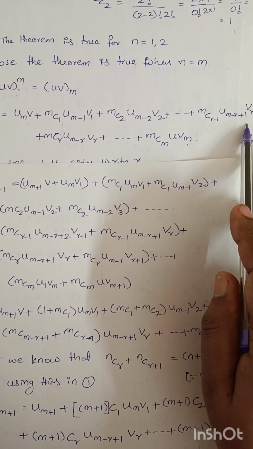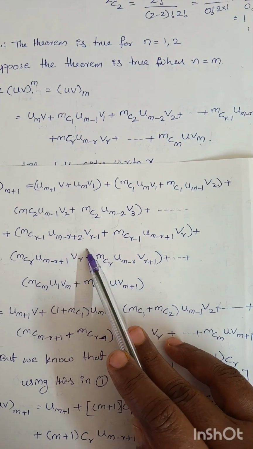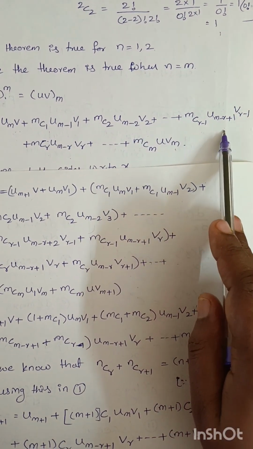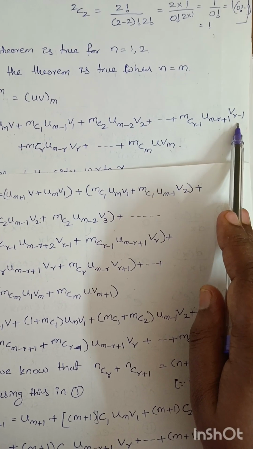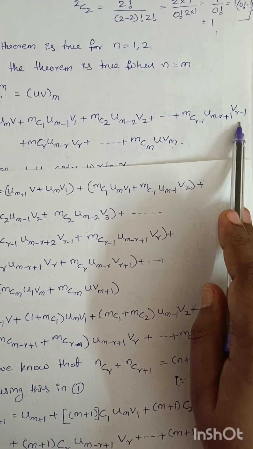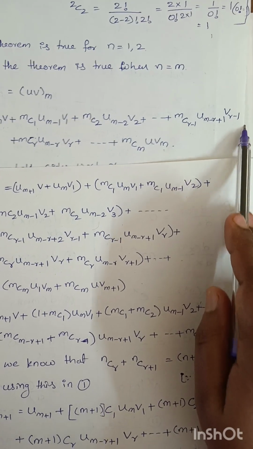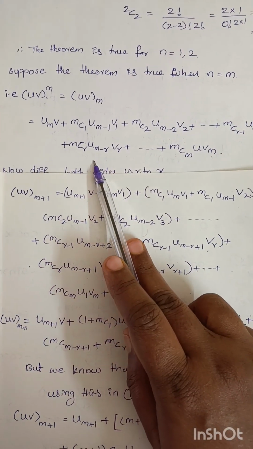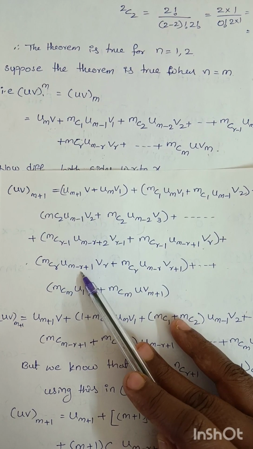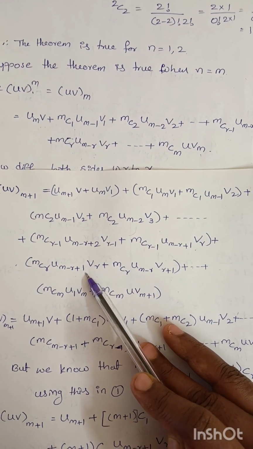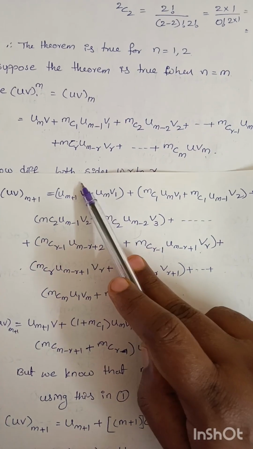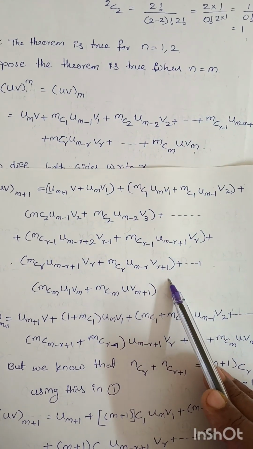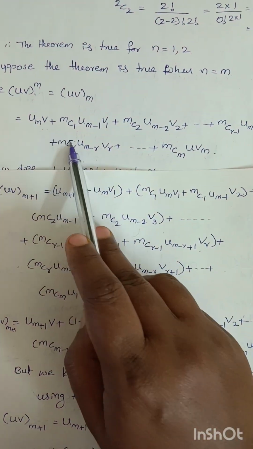And so on, plus mCr-1 as it is with um-r+1 differentiation um-r+2, vr-1 as it is, plus mCr-1 um-r+1 as it is with vr-1 differentiation vr, plus mCr as it is with um-r differentiation um-r+1 and vr as it is, plus mCr um-r as it is with vr differentiation vr+1. For a single term the uv formula applies.